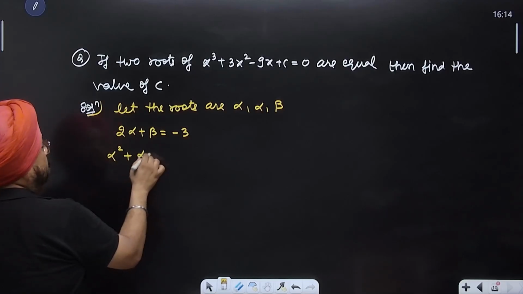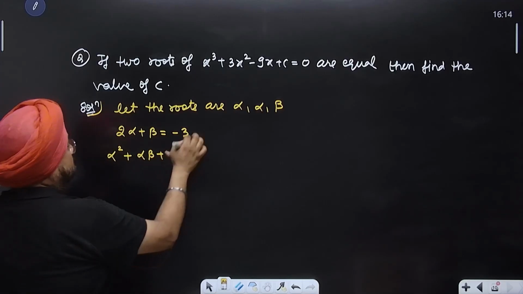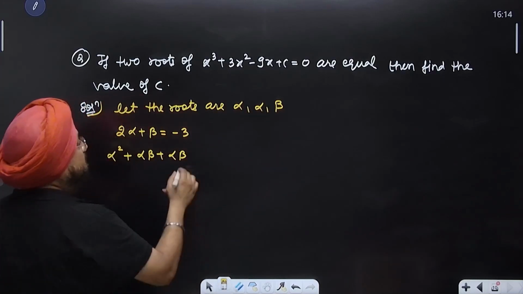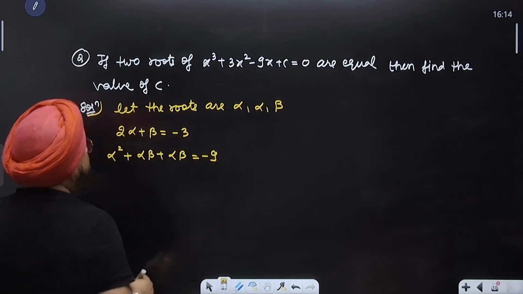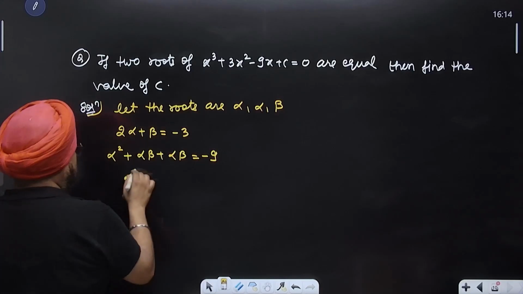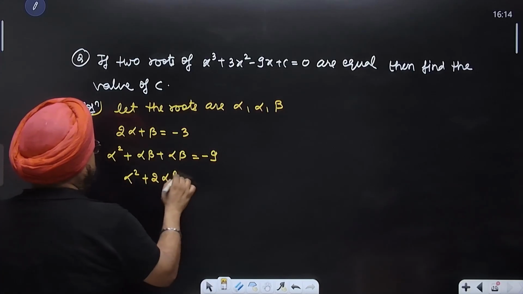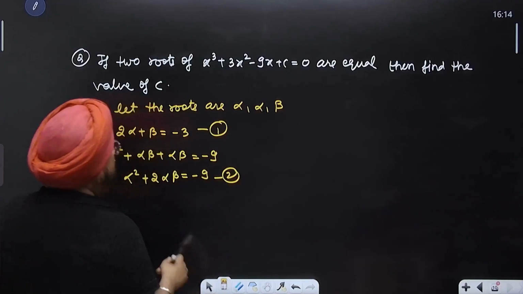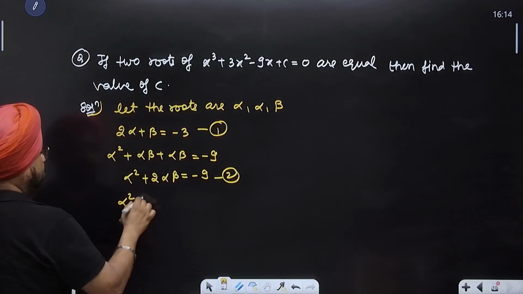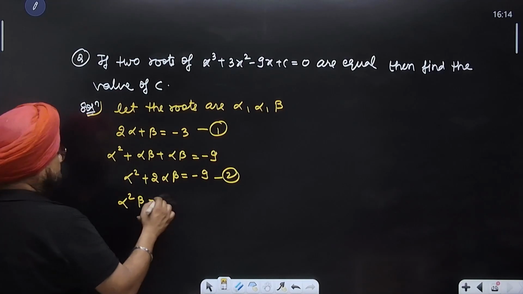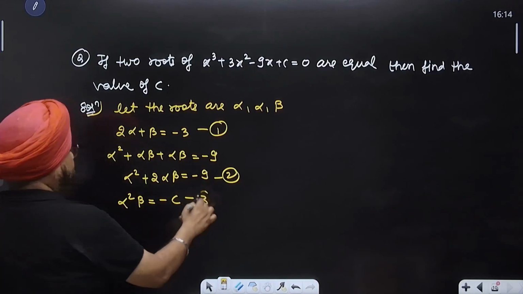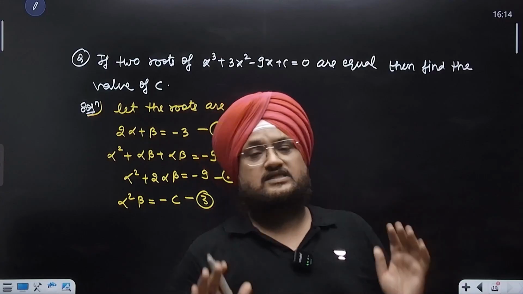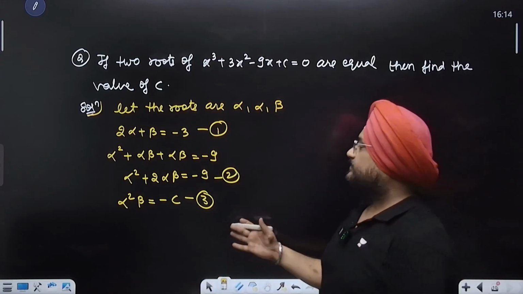Alpha into alpha plus alpha into beta plus beta into alpha is minus 9, that is alpha square plus 2 alpha beta. Equation 1, equation 2. And the product of roots is minus c. So eventually we have 3 equations and 3 unknowns: alpha, beta and c.